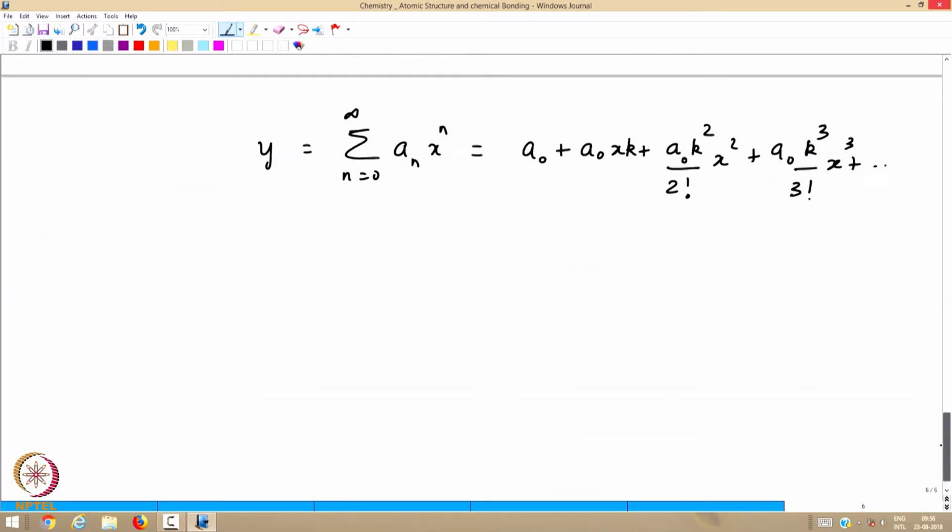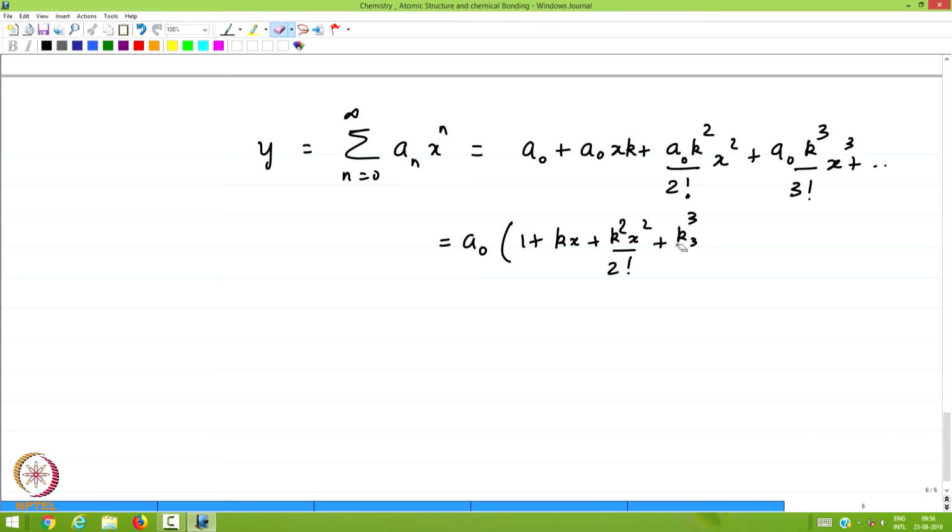So, what you have is essentially a naught into 1 plus kx plus k square x square by 2 factorial plus k cube x cube by 3 factorial plus and so on plus k raised to n x raised to n by n factorial.